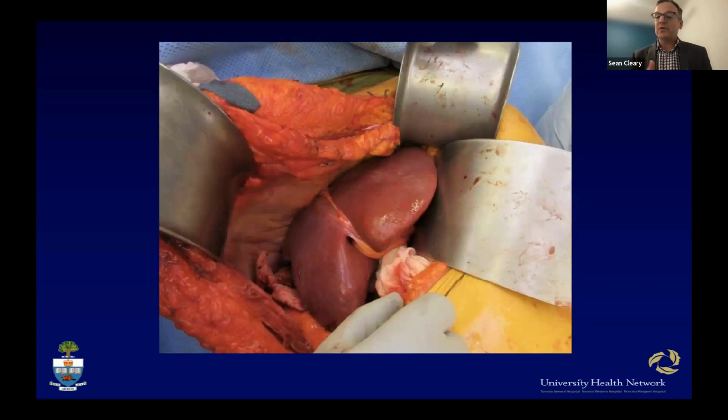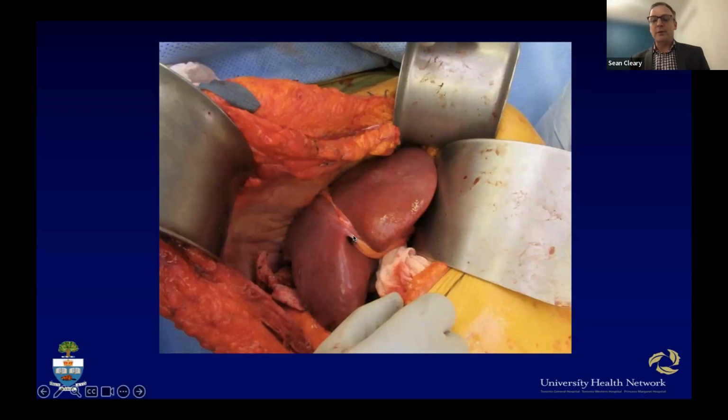And this is why we're so dependent upon radiology, because the liver is not a translucent organ. We can occasionally feel superficial lesions, but we're really highly dependent on our preoperative imaging to identify where all of the lesions are, particularly deeper in the liver, and the relationship of those lesions to the intrahepatic biliary and vascular structures.